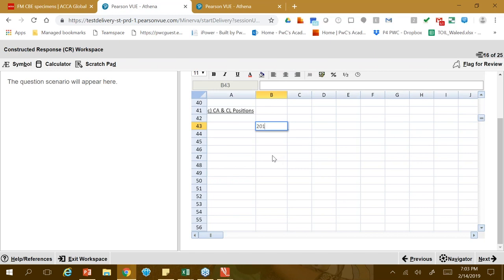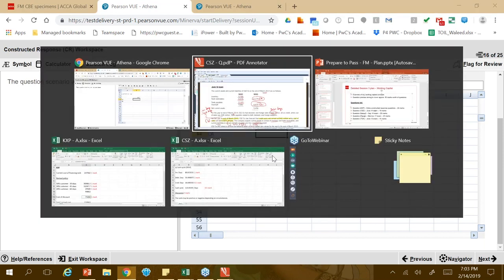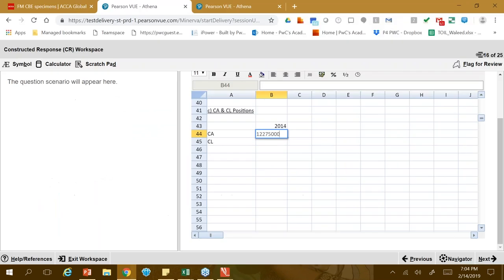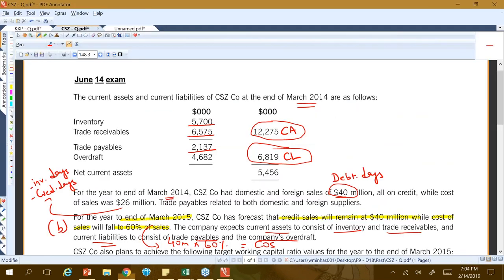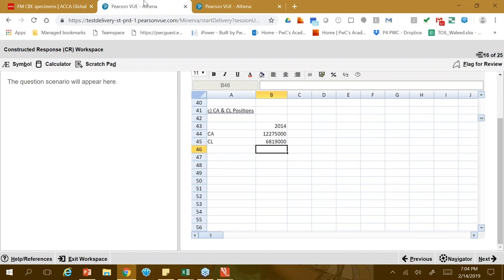In 2014, my current assets and my current liabilities were 12,275,000. And the current liability was 6,819,000. This is what happened in 2014. In 2015, we already have the numbers with us.